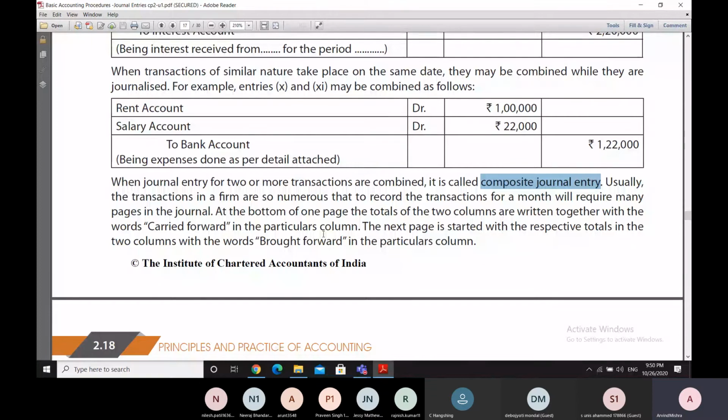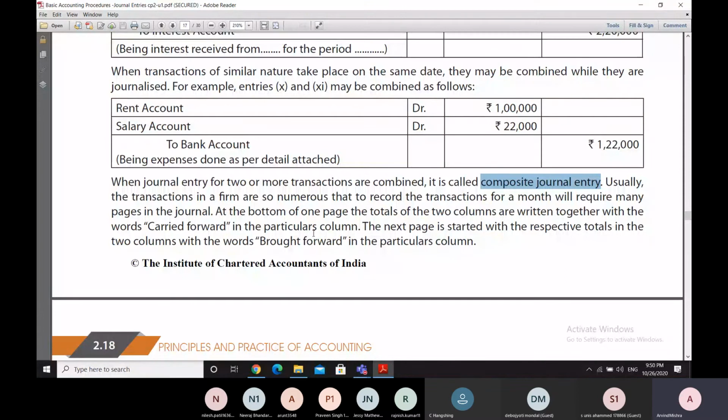When one page is full, we take the totals of the two columns and we write the words carried forward in the particulars column, and the next page is started with the respective totals in the two columns with the words brought forward in the particulars column.